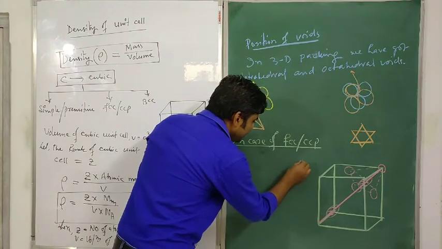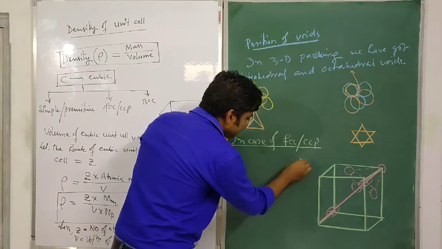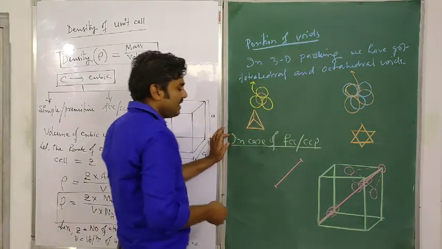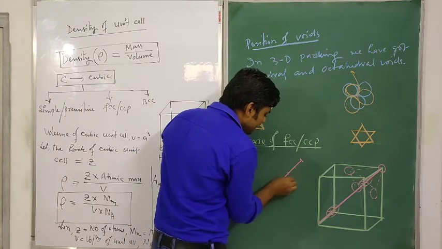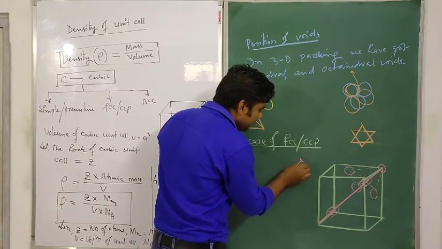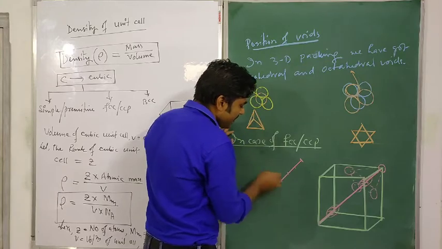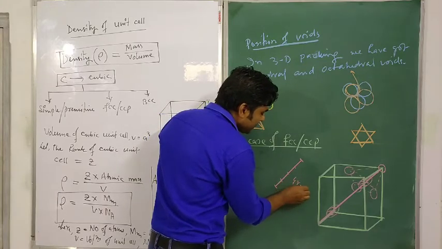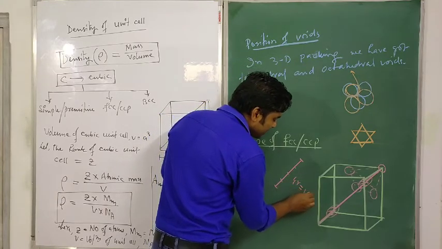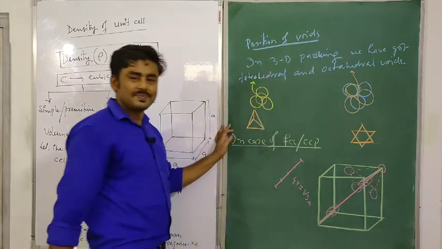I will put here the body diagonal. So this is our body diagonal, and we know that the body diagonal is 4r. This is r, r. So here we have got 4r. In case of the body diagonal, that is root 3 a. Yes or not?